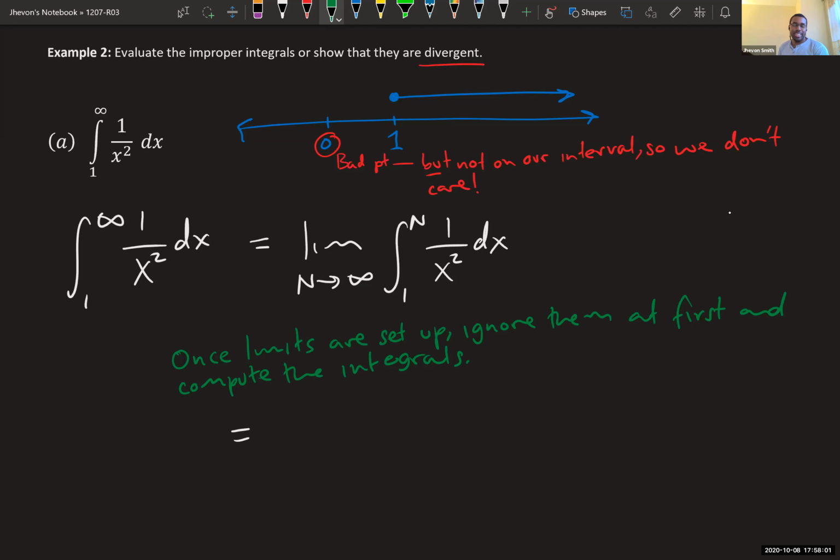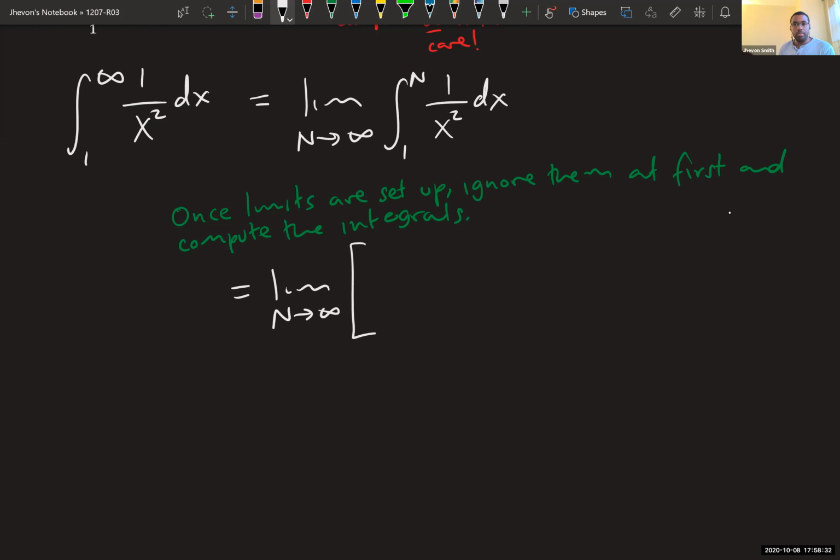So that actually comes into play. We'll need to be able to compute this integral. As far as we're concerned, n is just some constant that is fine to plug in. So you think of it as a regular definite integral where everything is dandy on the interval from 1 to n. I leave the limit alone at first and evaluate the integral. I want to integrate 1 over x squared.